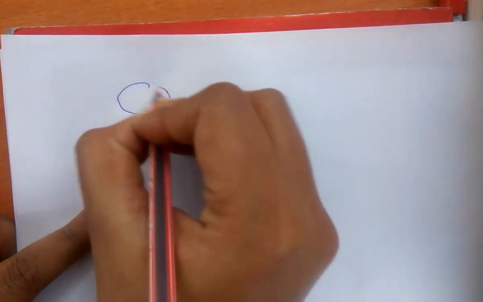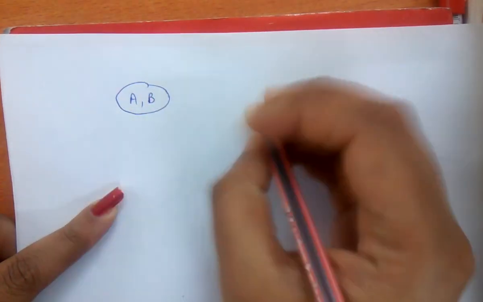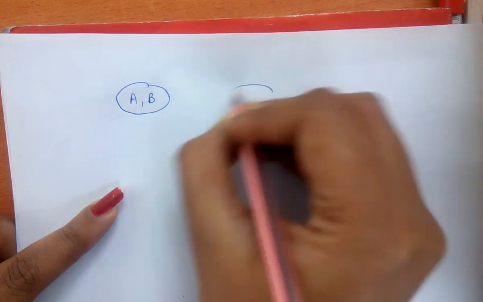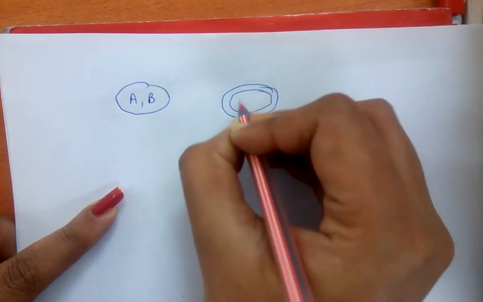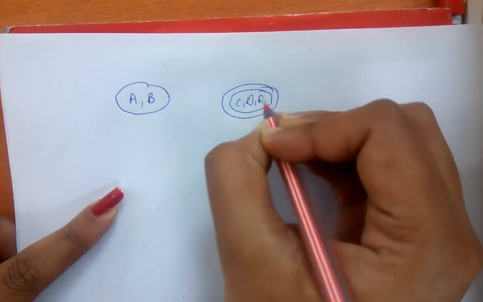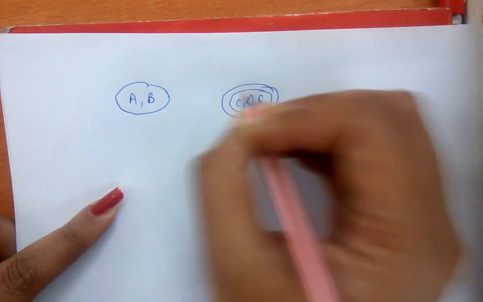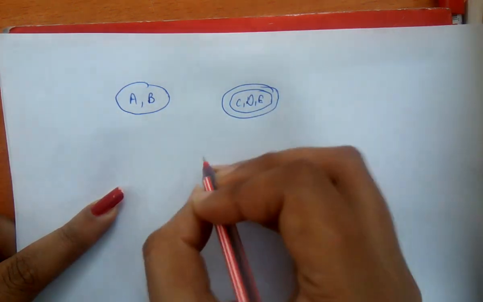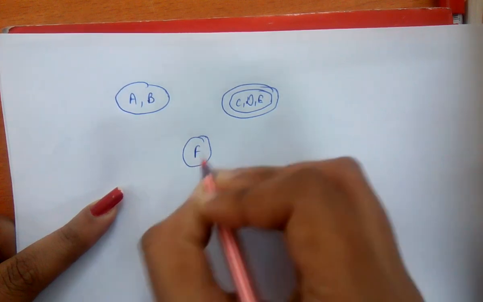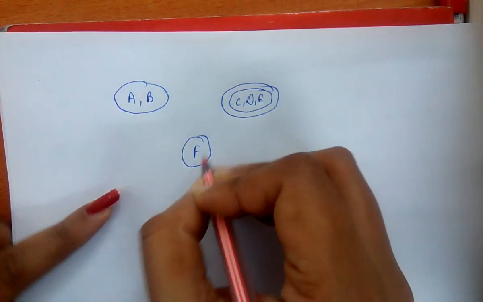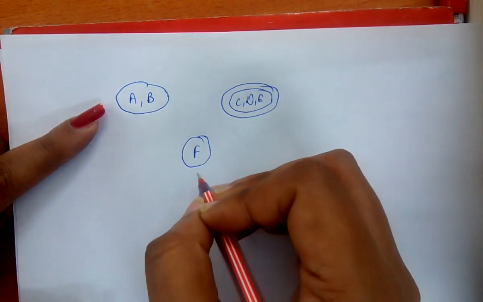Now our final DFA is: we combine A and B because they show the same behavior, and we make CDE a final state, because these three are final states. Because F is showing another behavior, we split F into another set.